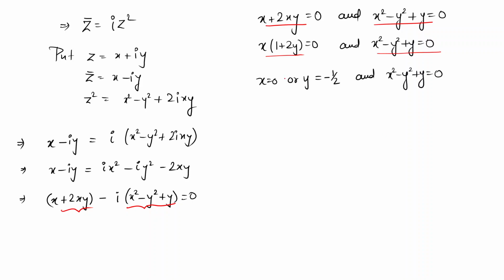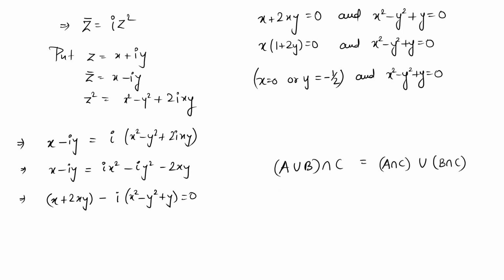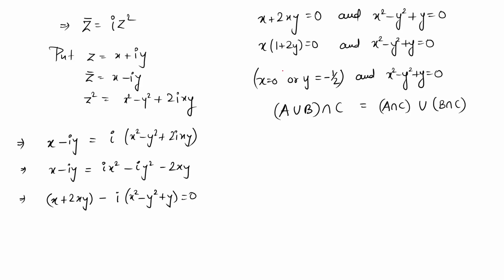Okay, and this 0, the first condition will give you this is equal to 0 or this is 0. So remember, AND and OR are very important here when you are solving 2 equations at the same time. Sometimes you have common sense, you use that, but sometimes it's better to be formal. So you see, this condition is A, this is union B, and then you have intersection with C. So you can distribute the intersection on union.